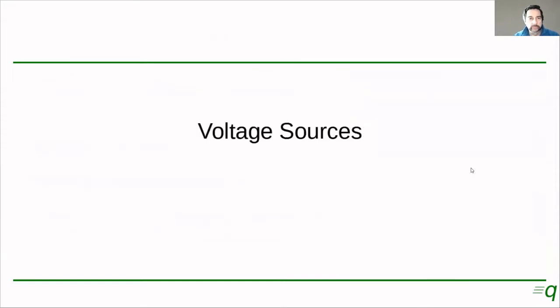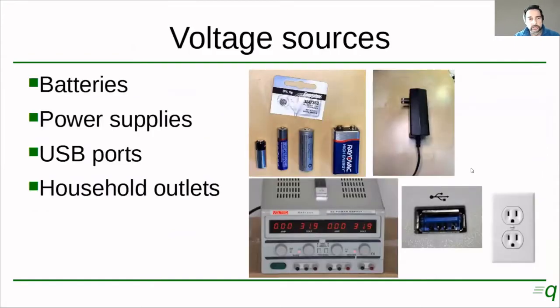Let's talk a bit about voltage sources now. Voltage sources come in different flavors. One of the most common ones is probably batteries. Batteries, as you can see, and as you know, come in all kinds of sizes and shapes. When you specify a battery, you specify a voltage, right? A simple AA or AAA battery has 1.5 volts.